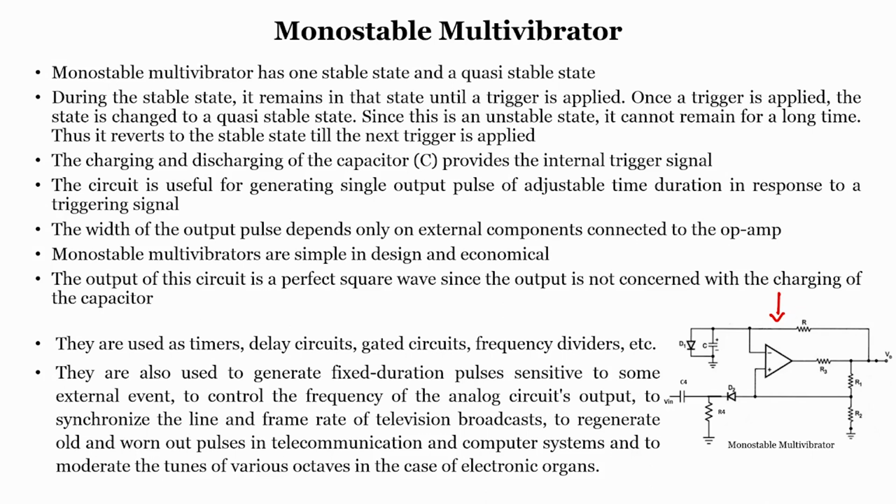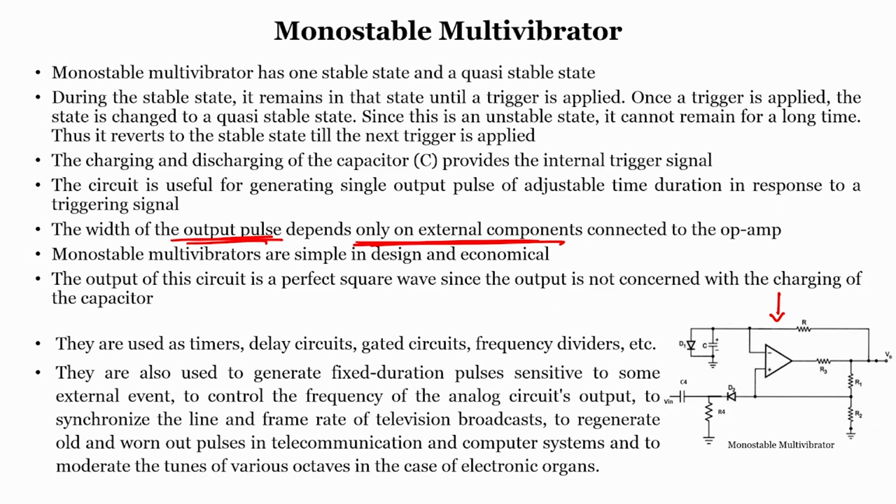The circuit is useful for generating a single output pulse of adjustable time duration in response to a trigger signal. Whenever you apply a trigger signal, a pulse is generated. The width of the output pulse depends only on external components connected to the operational amplifier.